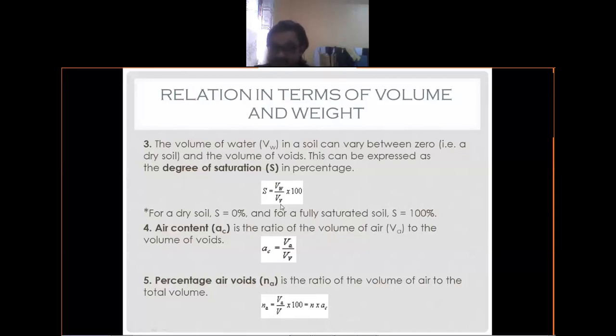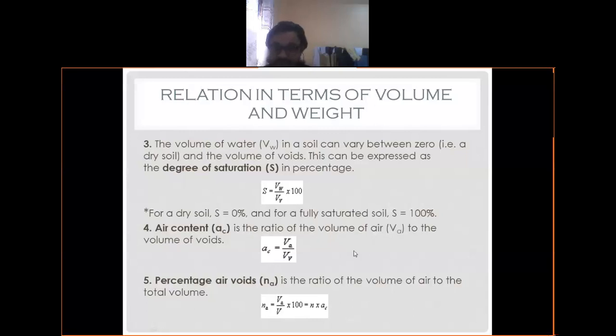Mind it, and it is also expressed as a percentage. It is represented by capital S. So degree of saturation is the ratio of the volume of water Vw to the volume of void Vv, multiplied by 100.